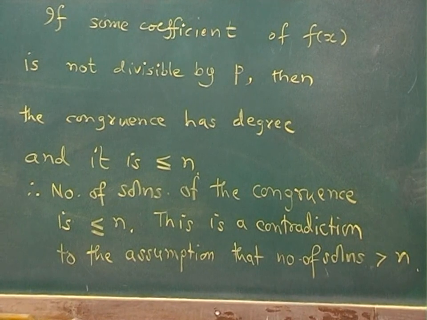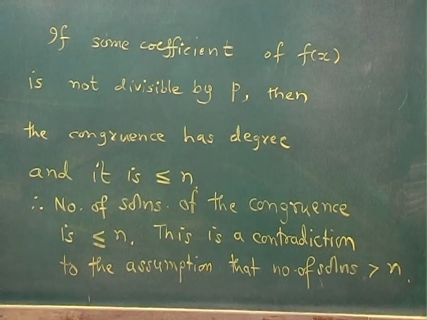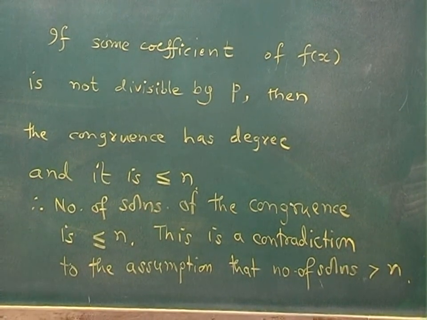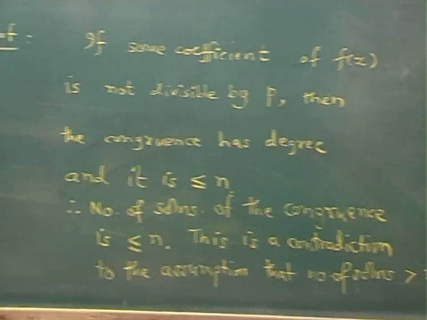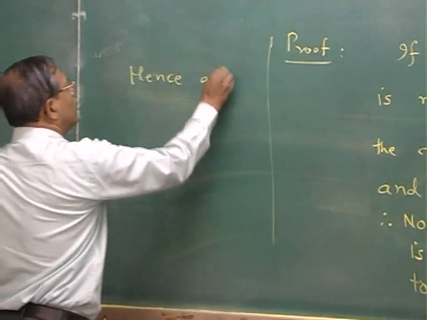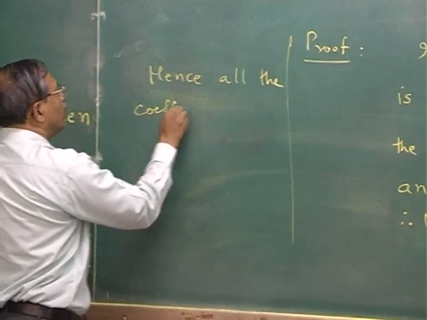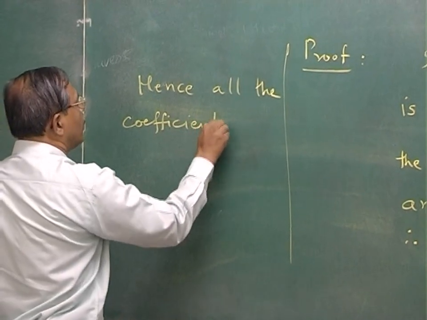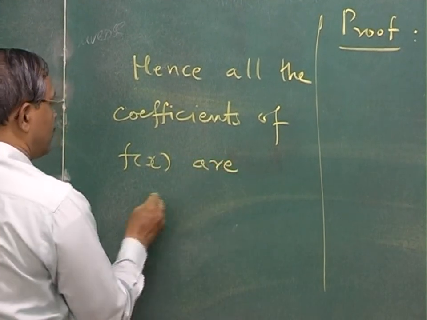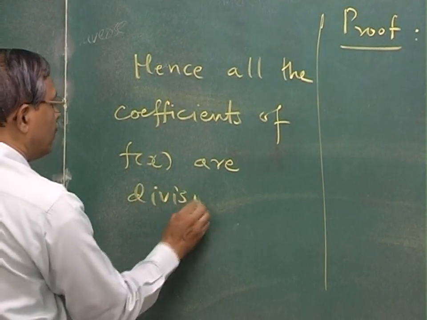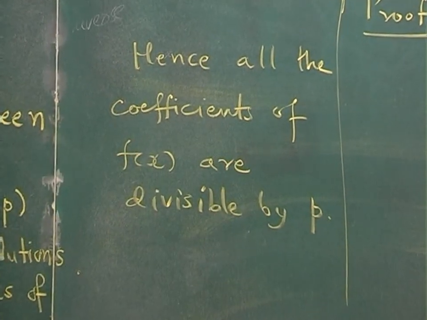That means that all the coefficients must be divisible by p. Hence, all the coefficients of f(x) are divisible by the prime p.